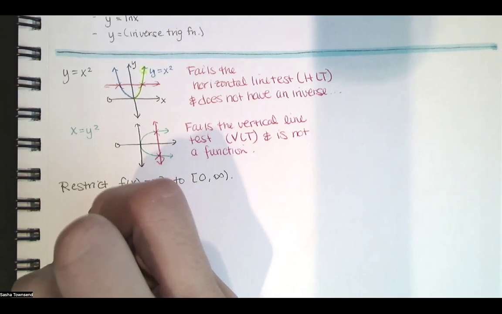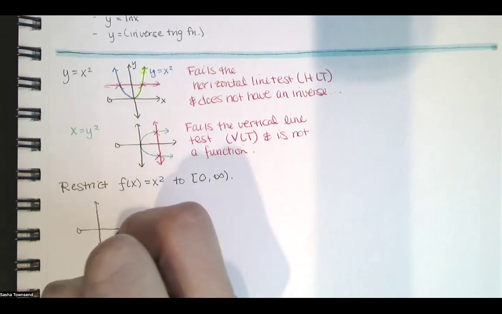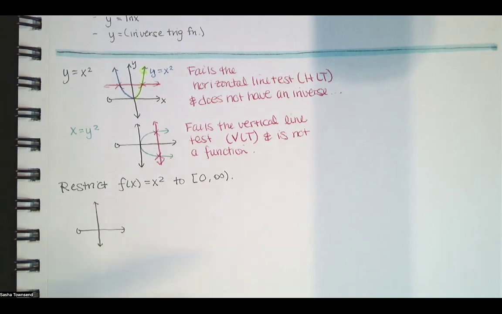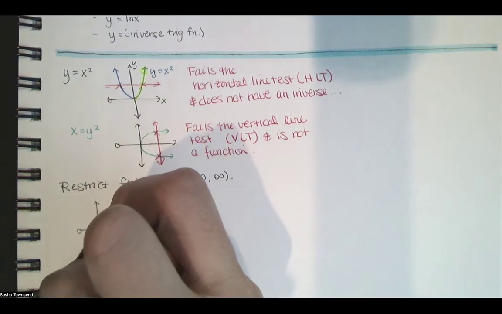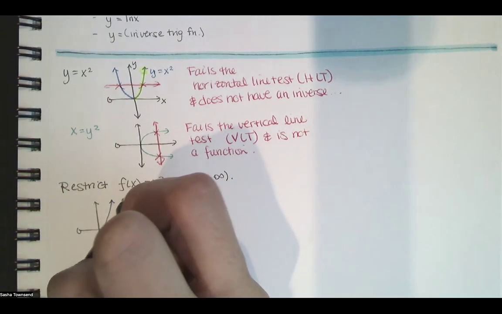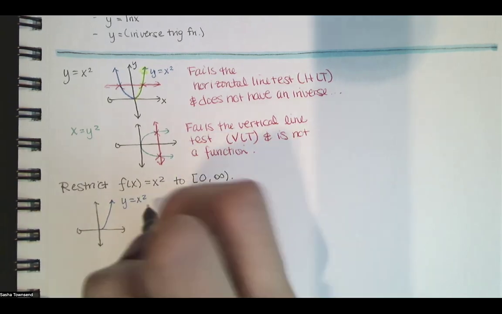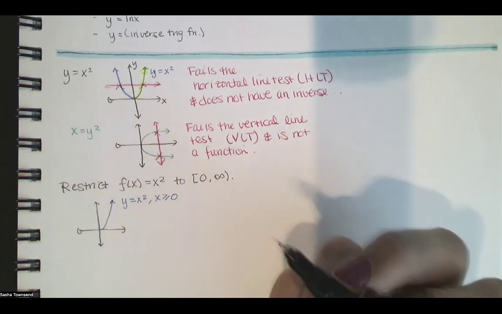If we do that, then you just have that right half of the parabola. So we've got y equals x squared for x greater than or equal to 0.